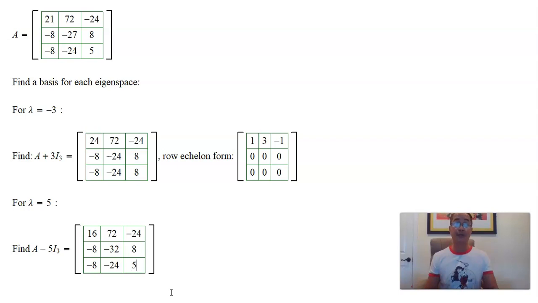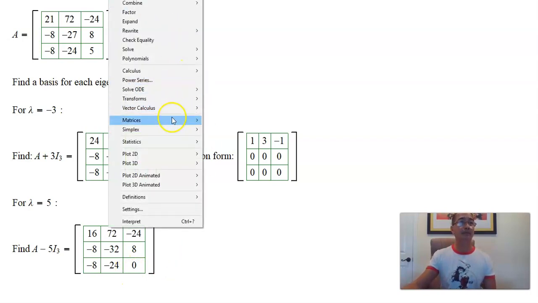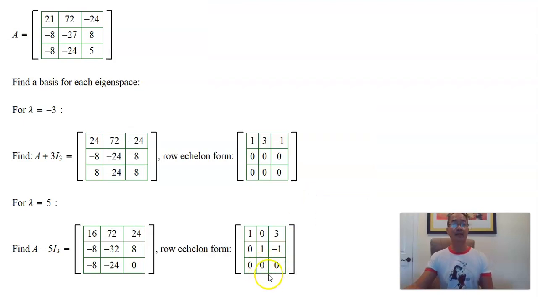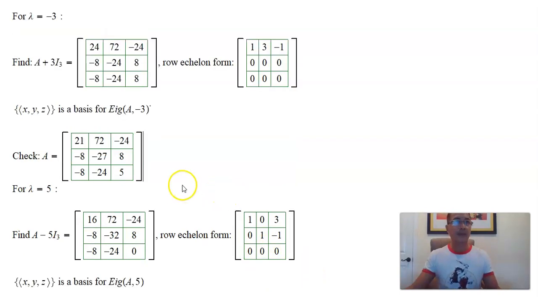And 5 minus 5, ooh, that's interesting. We're going to get 0. Interesting. Okay, it's not obvious that we will get a row of zeros. So let's see. Compute matrices RREF. Thank goodness. Okay. We still get a row of 0s.